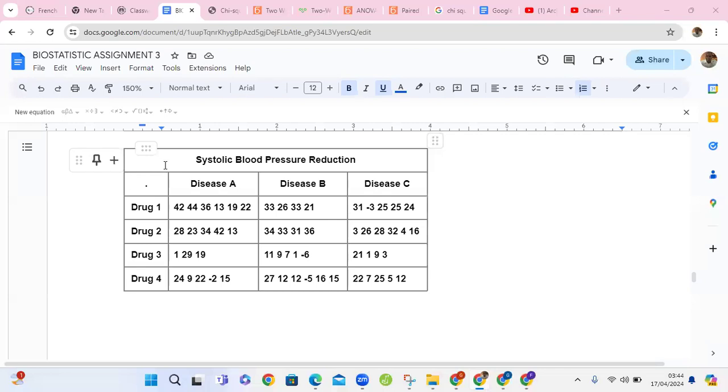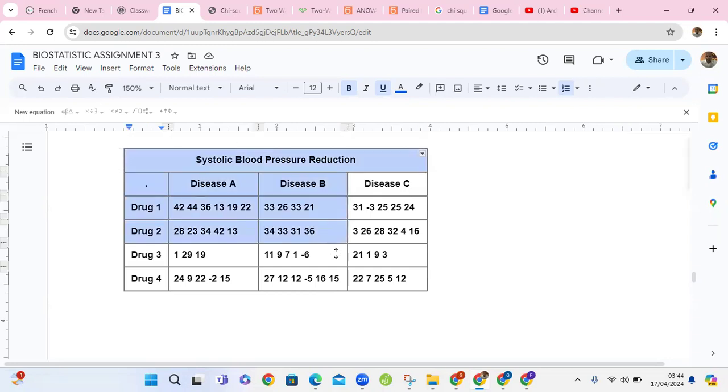So it's like an ANOVA with a chi-square in it. We can use this table because a contingency table can prove whether or not there's an association between drugs and disease.